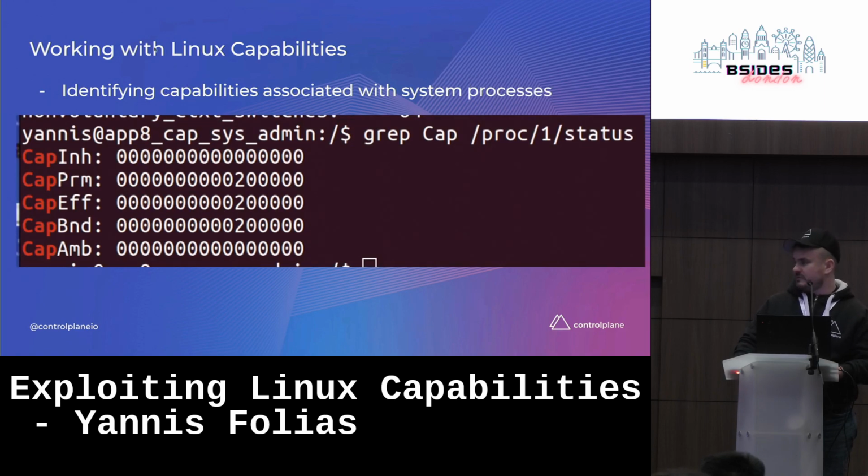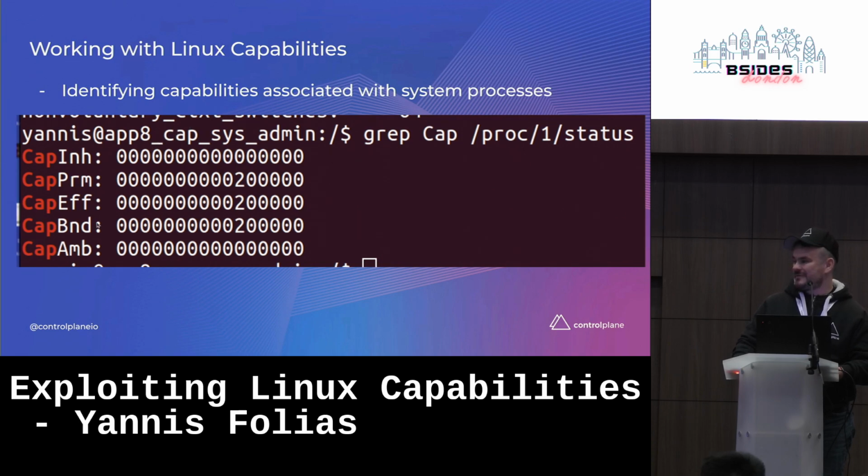Another method for identifying capabilities associated either with binaries or processes is by looking at the status file of the process itself. In this specific instance, we are looking at a process with PID 1, which is actually the core process of a container.